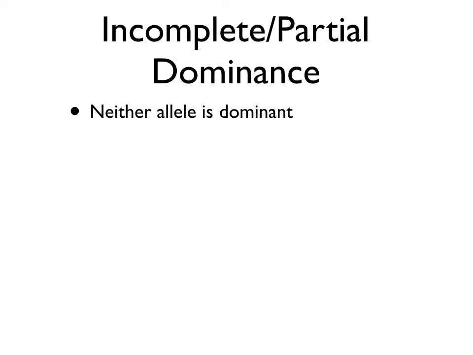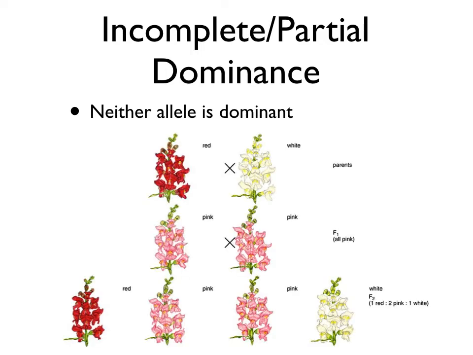We're going to work with a simple case of two alleles. But in this instance, neither of those alleles is dominant to the other. So let's look at some flowers whose flower color is controlled by a gene that, when expressed, results in the coloration being either red or white. So there are two different alleles.